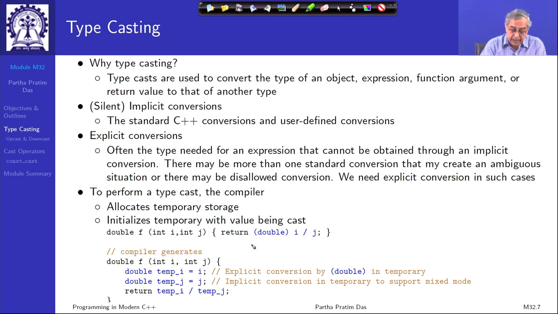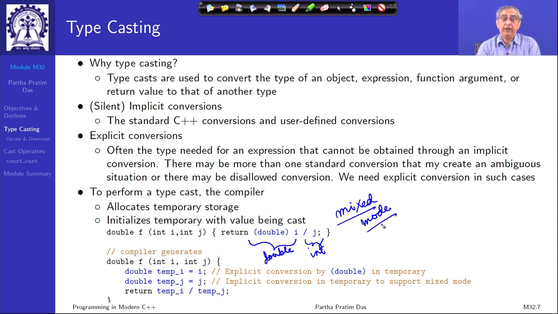Second, having seen that this part of the expression has a type double, it sees that this part of the expression has a type int. In C terms, it is mixed mode. In other words, it is being asked to perform a division using a double value and an int value, which does not exist. So, it decides to do a promotion, it decides to promote this to double, and this promotion is not mandated by an explicit casting to double.